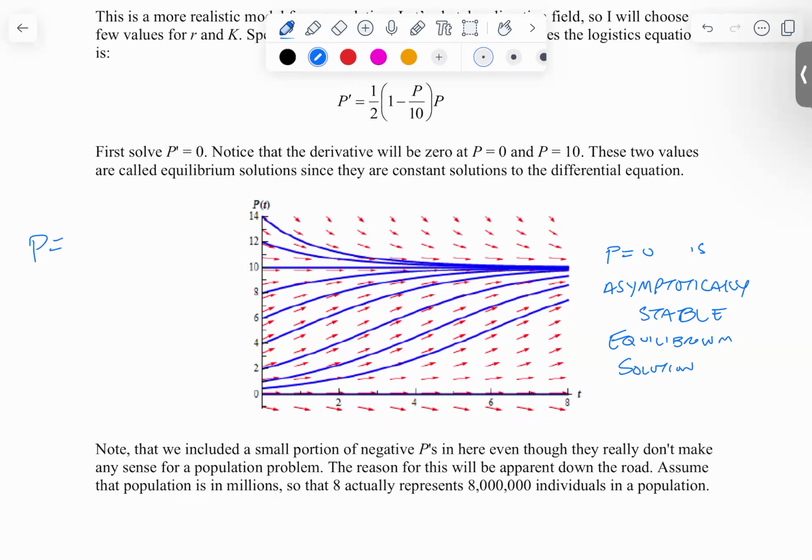P equals 0, notice that everything's moving away from it. This is moving away from it, that's moving away from it. So that one, P equals 0, is an unstable.